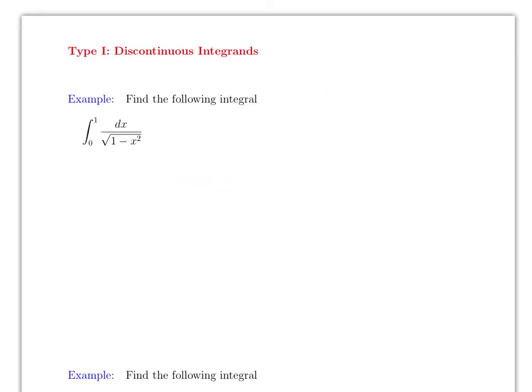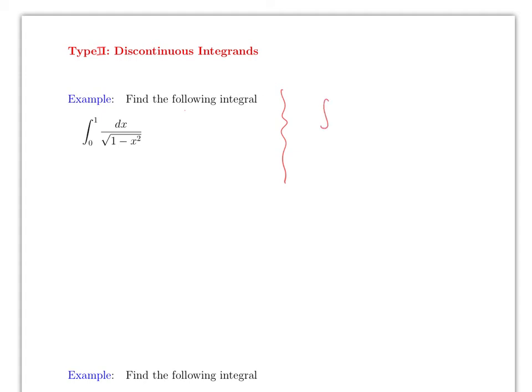Right, so finally, let's look at type 2. This should be type 2, not type 1. And that's the case where there are discontinuous integrals. Again, if you get rid of the limits, this is the usual integral that you had to do before. And by that I mean this.